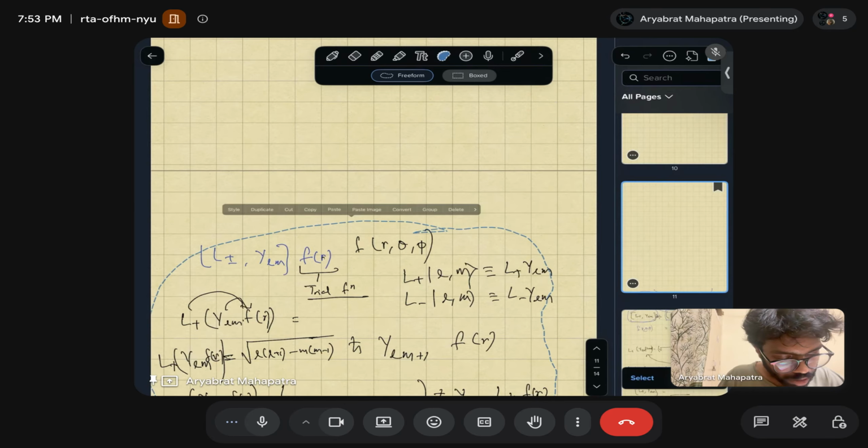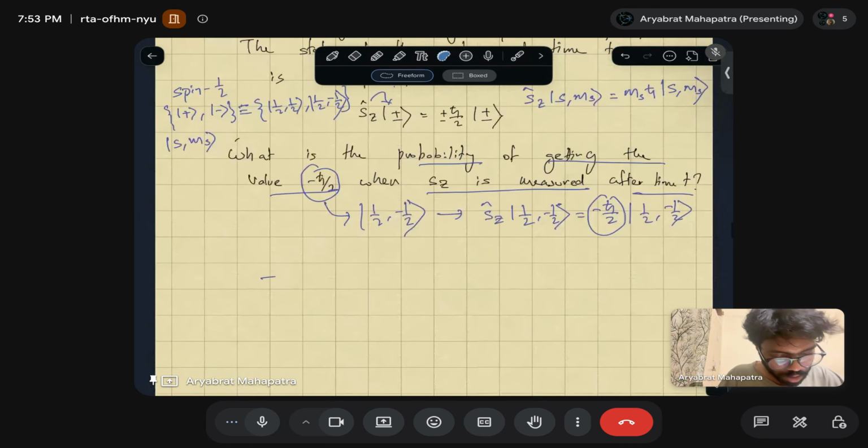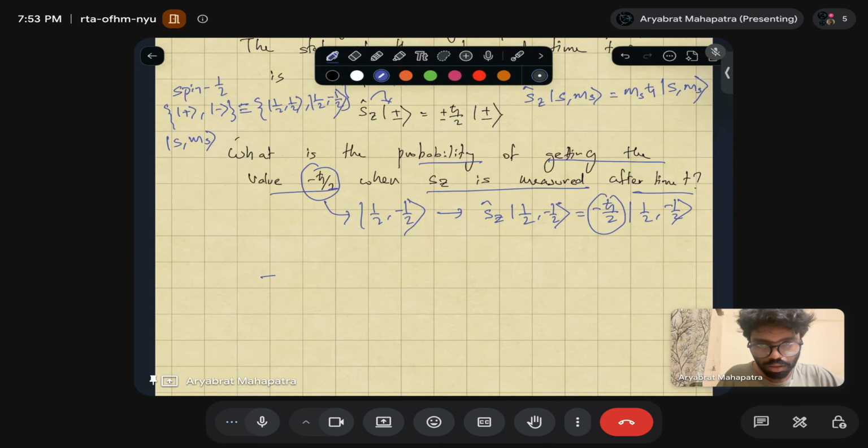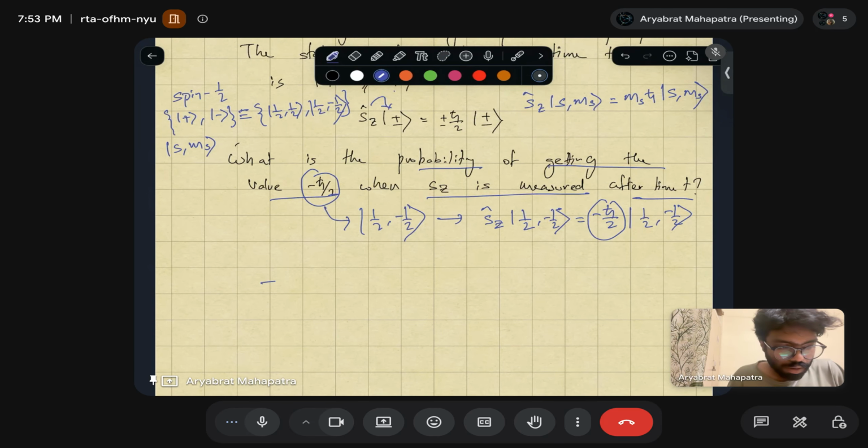In the question we were asked to compute the probability, such that the final state must correspond to plus half, minus half.